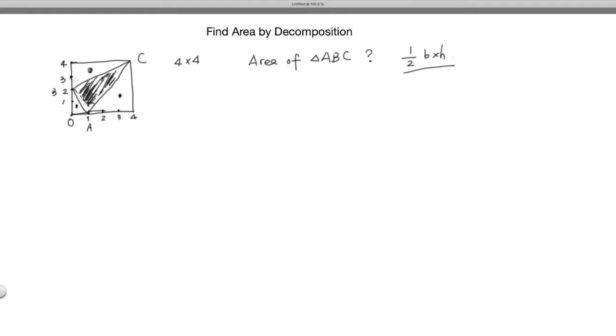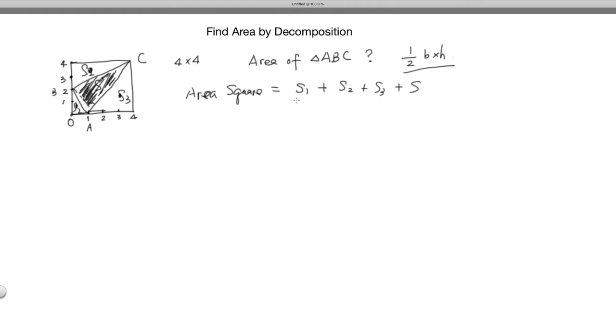A different way of saying it is: the total area of the square equals this area, let's call it S1, this right angle triangle, plus S2, this is S3, and this S is the one that we want to calculate. These 4 shapes make up this square. That's why the total area of the square equals S1 plus S2 plus S3 plus S.